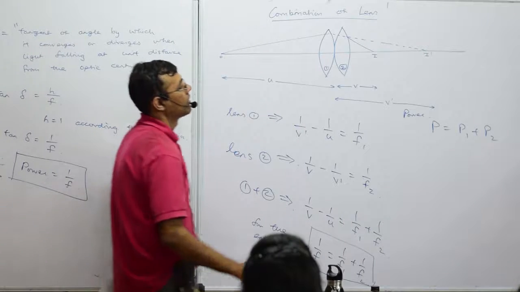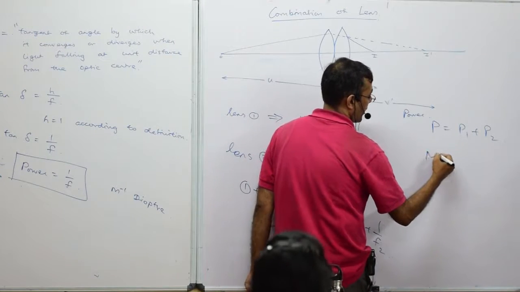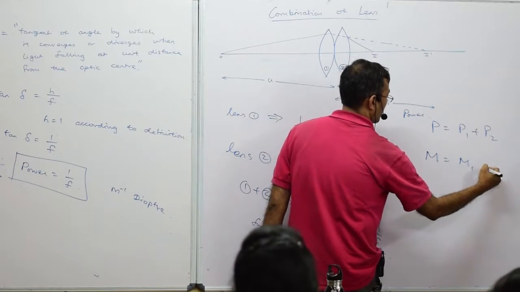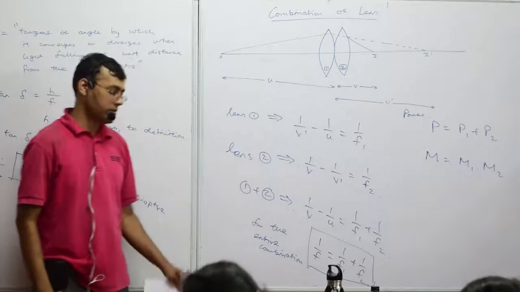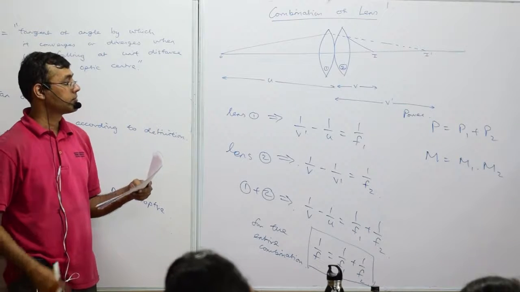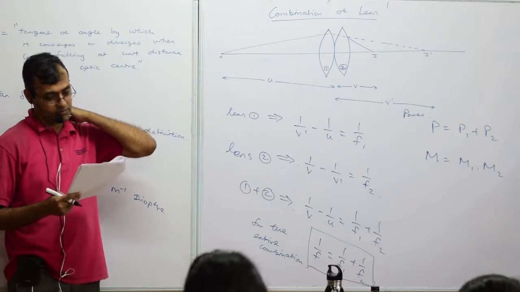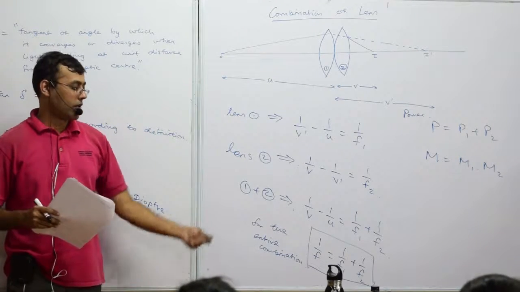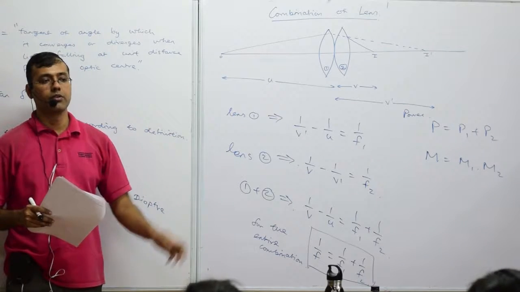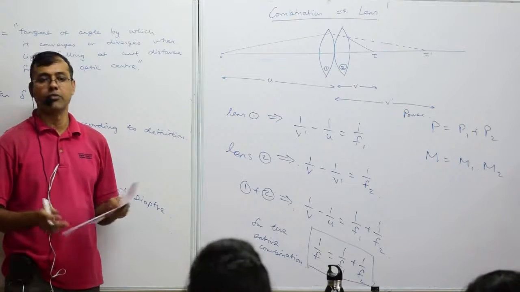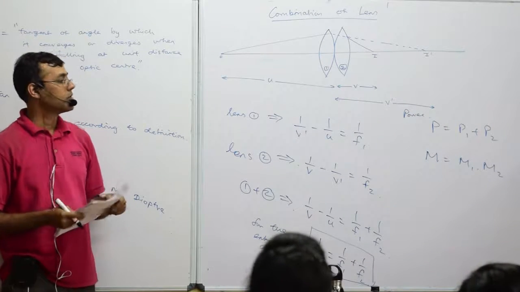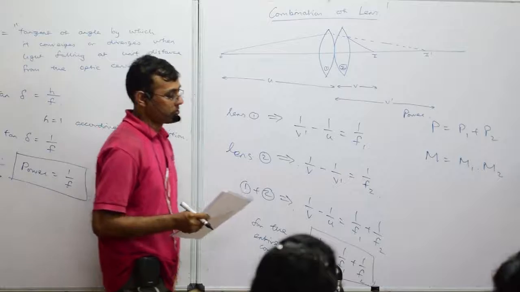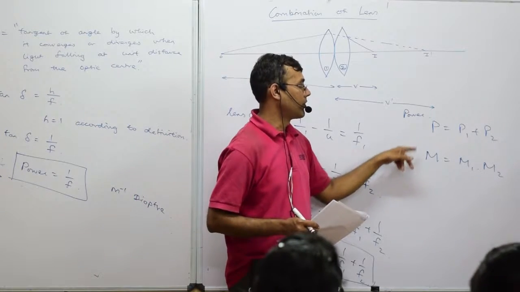So that means the total magnification will not be added, it will be multiplied, m1 into m2. Let's say one lens is making 2 times. I have another lens which makes it 3 times. So if I put it together, it's going to be 6 times, right? So it's the multiplication. So you have to study this together so that you don't make a mistake.